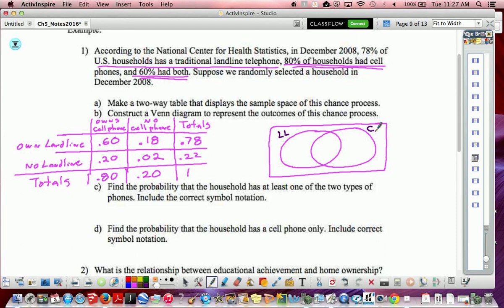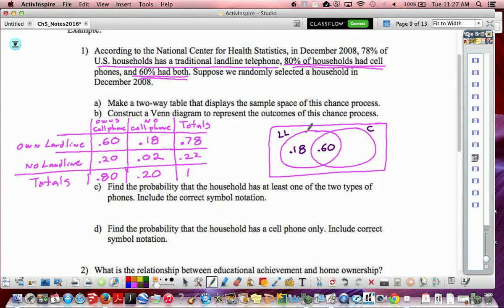I tend to start in the middle and work out, but you can start anywhere. What number should go right here where they actually intersect? 0.60. Then this value is landlines but no cell phone, which would be 0.18.